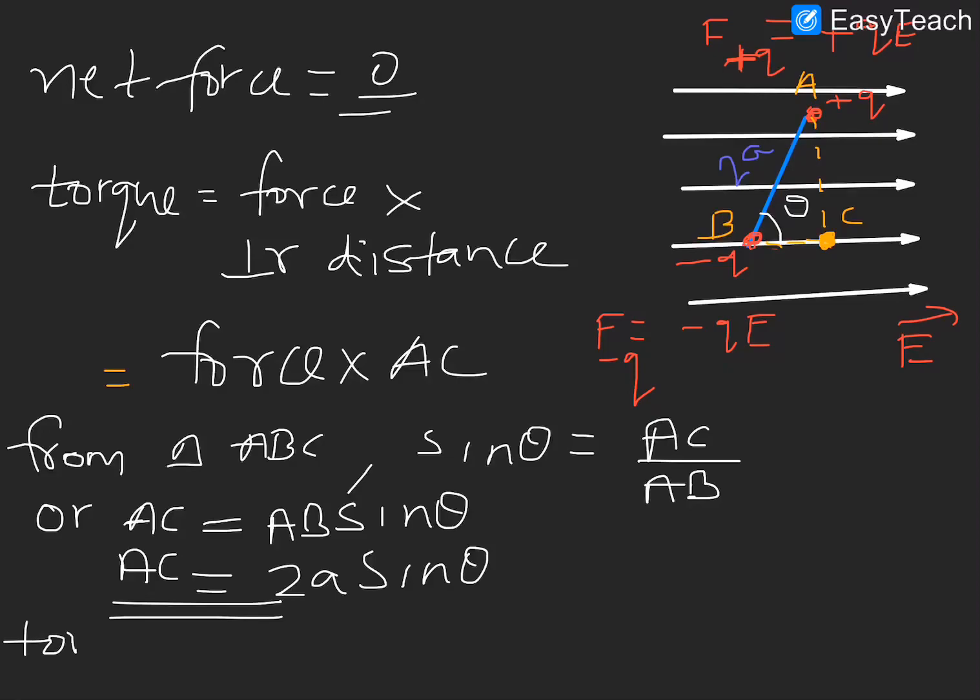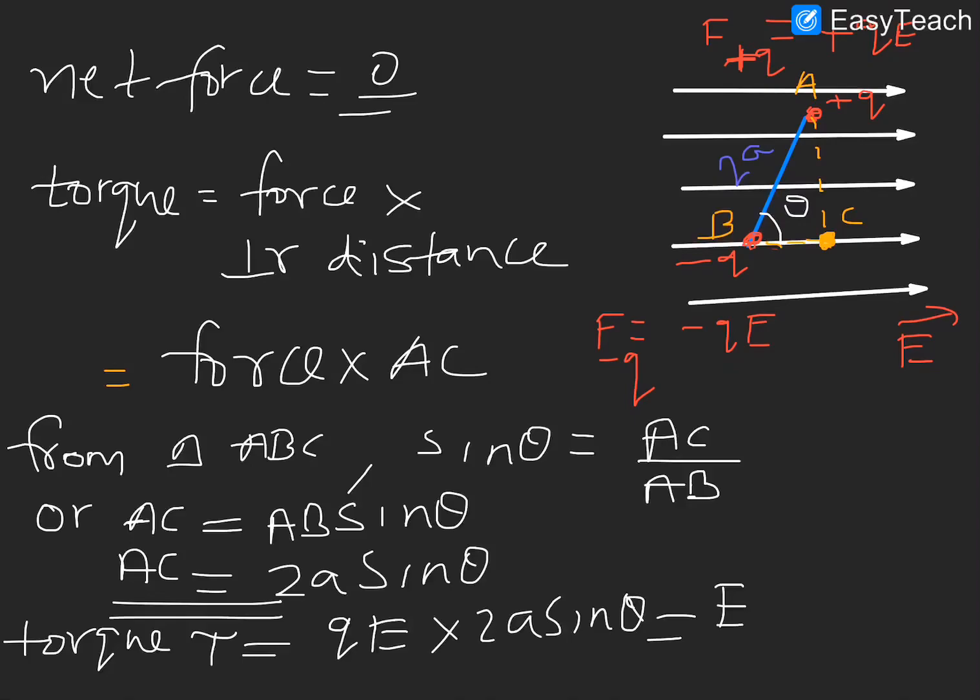Now what is torque? Torque symbol is tau. It is a vector, that we will come to. It is equal to force. What is the force? QE into AC, 2A sin theta. Now you can take E out, then Q into 2A sin theta.